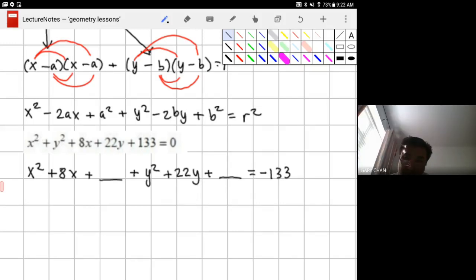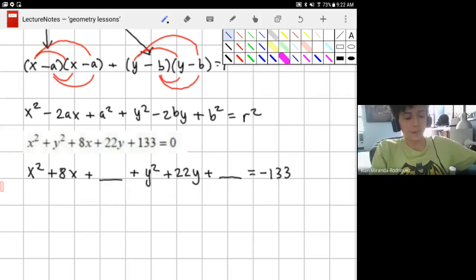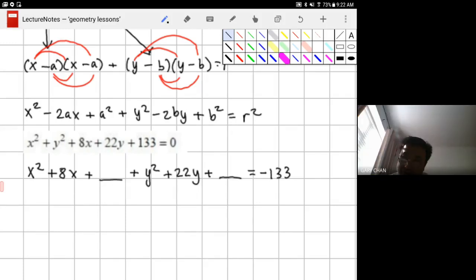Okay. Kian, do you remember what the skill was that we talked about yesterday? It was two words. The first word is completing. Completing the what? I'm afraid I don't remember. It's okay. It's actually completing the square, right?